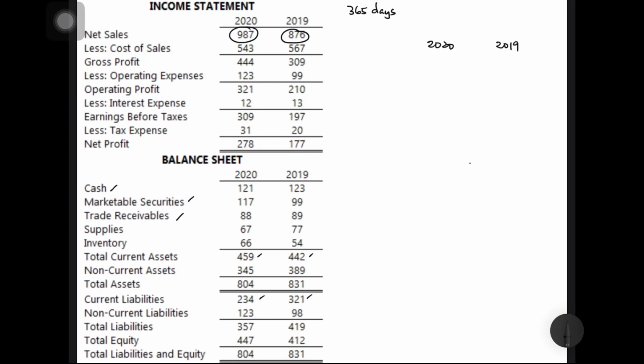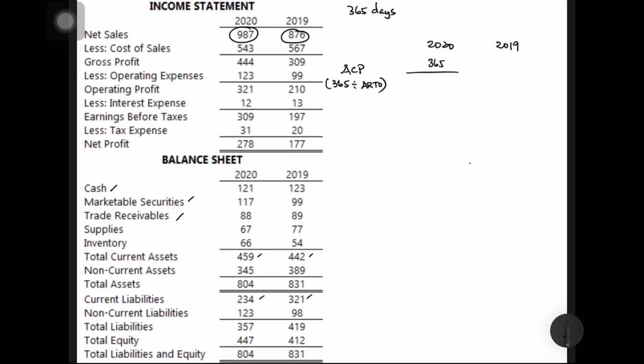What if you are tasked to compute the average collection period? What's the formula of this one? Use 365 because that's given divided by your accounts receivable turnover, your answer earlier. But I don't recommend using the answer before because maybe it comes with decimal and you cancel the decimal. So it's best that you do it again. Your numerator is 365 and then you write your accounts receivable turnover. Again, the formula of accounts receivable turnover is net sales. The numerator is net sales.